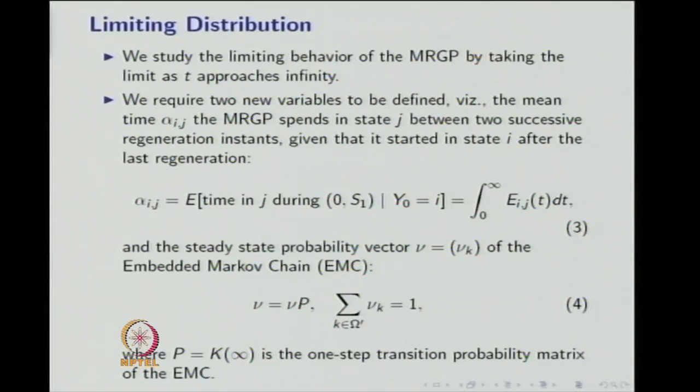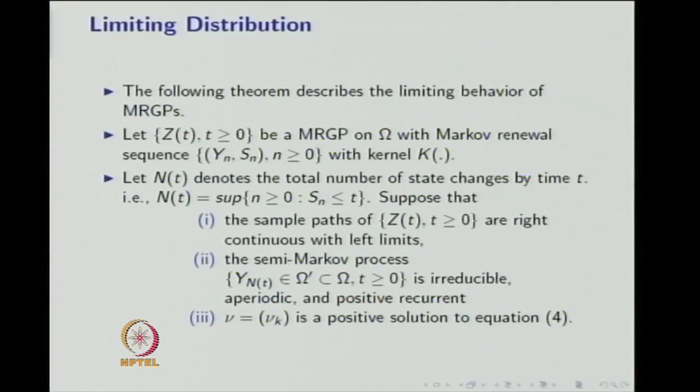From the global kernel K(t), if you make t tend to infinity, you will get the one step transition probability matrix P. Using P, you can get the steady state probabilities V by solving V equal to VP and the summation of V_k equal to 1. Once you solve this, using alpha_{i,j}, you can get the limiting distribution.